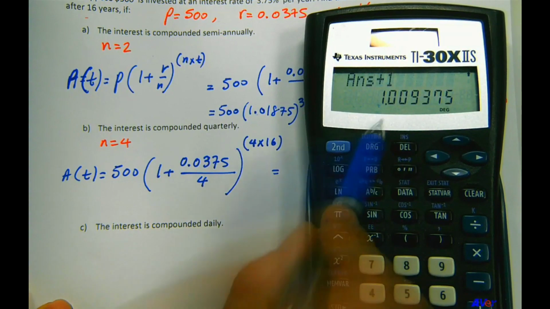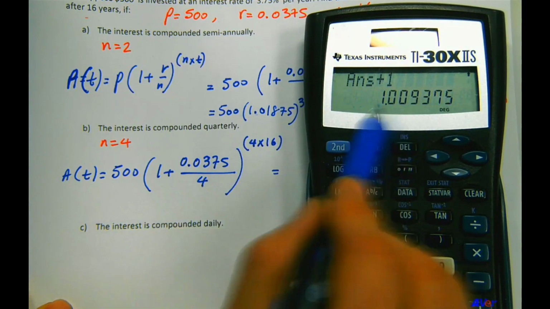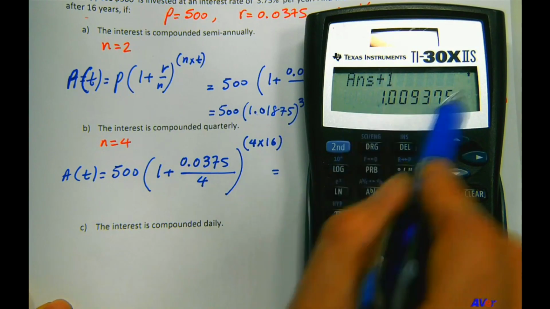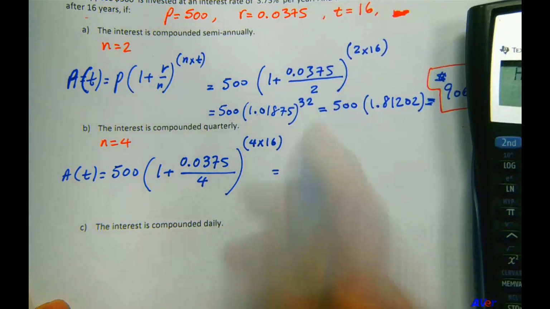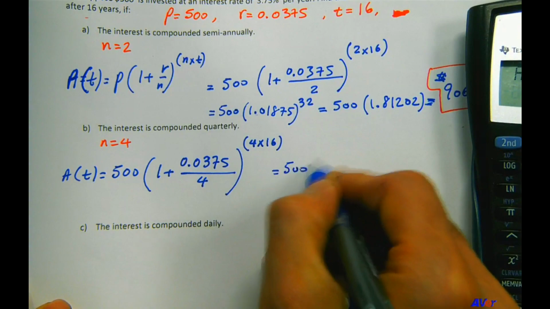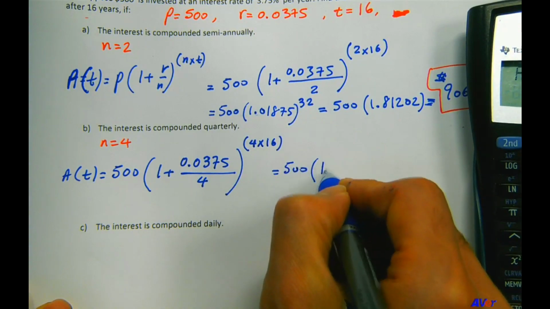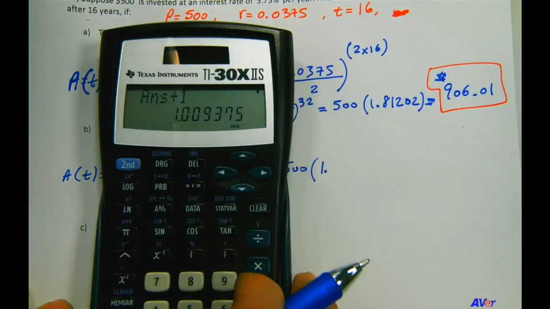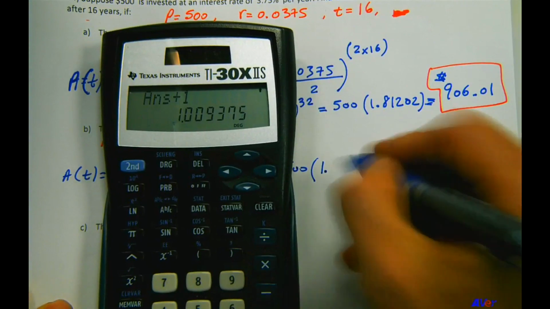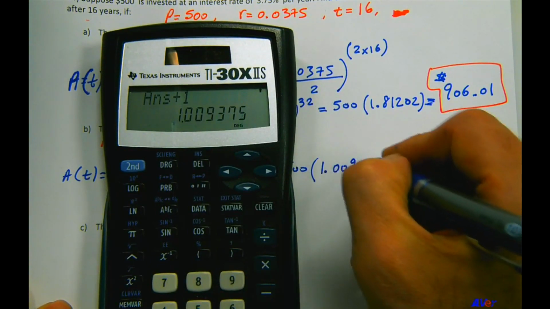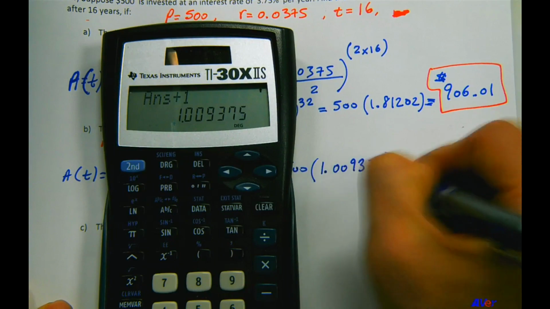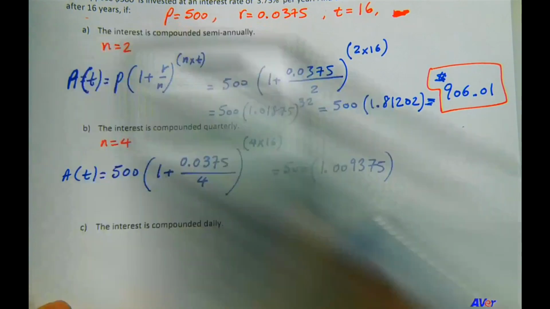So the inside of the parentheses, I'm going to keep all of that. I'm not going to round anything there. So I'm going to write 500 times 1.009375.